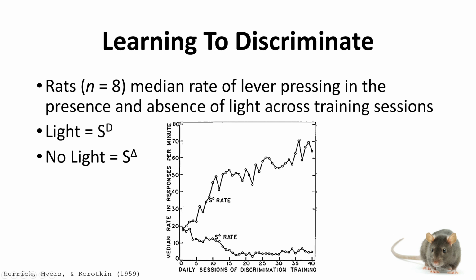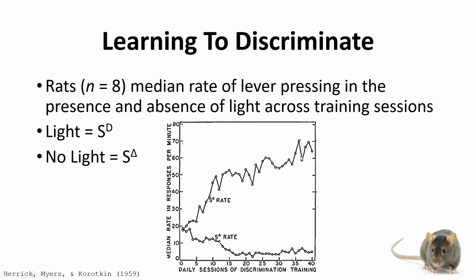And so on the graph here, we have our median rate in responses per minute, basically how much are they pressing that lever. And across the bottom here, we have daily sessions in training, which is basically a measure of time. And so here we see that both responding with the SD and the S delta start at about the same place, but very, very quickly this SD rate goes up.